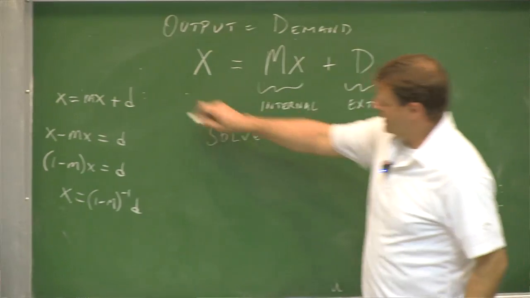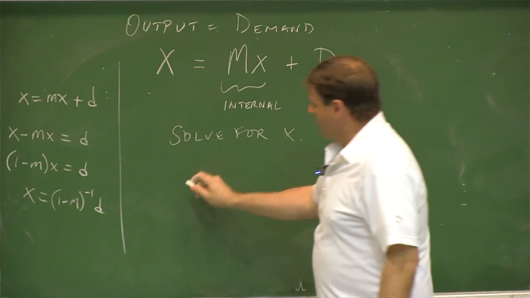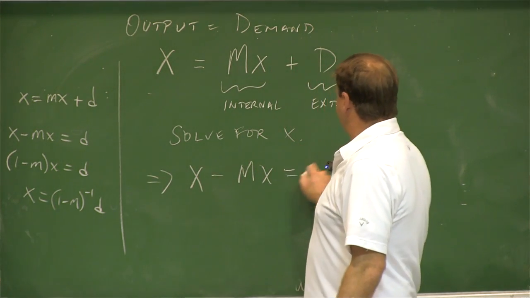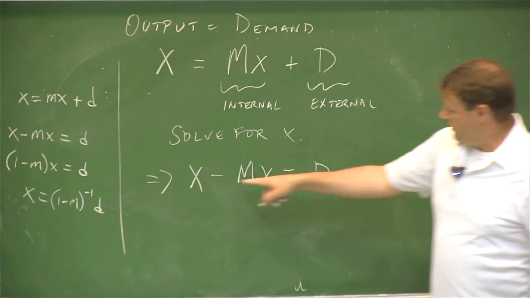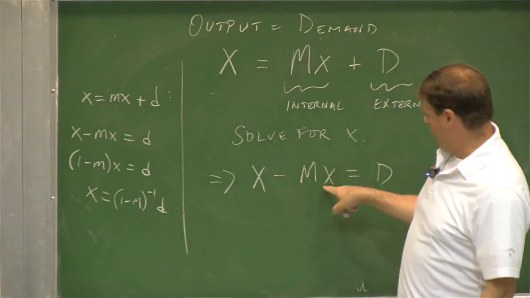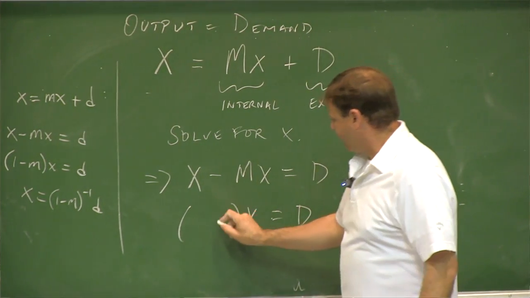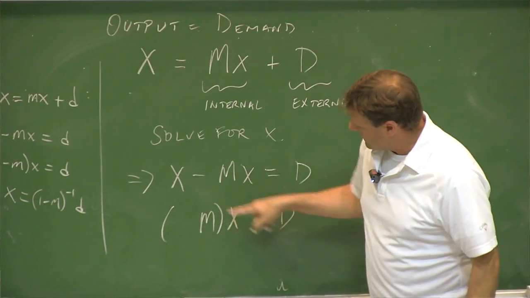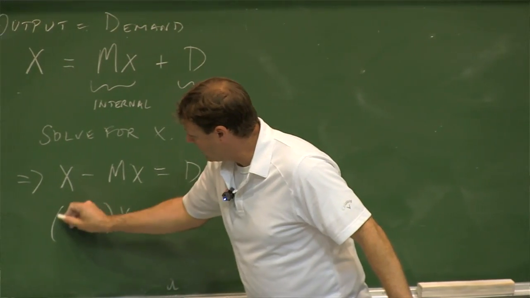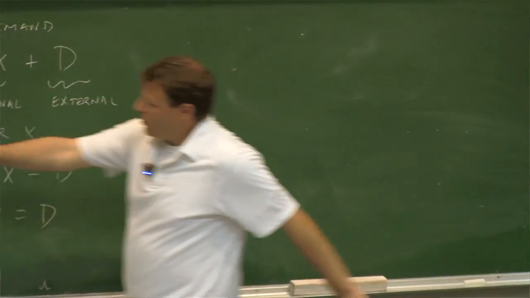When I solve this matrix equation, I want to do it the same way. So let's say that implies that X minus Mx equals D. And then I want to do this same step here where I factor out an X. See, there's an X in both terms. Remember, when I multiply this out, I need to get back what I started with. So the question is, what do I put right here? Over here, we got a 1.